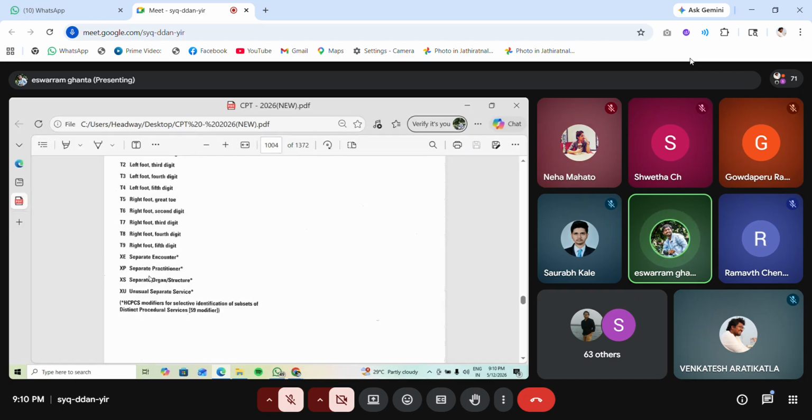Coming to the XS. XS is the separate organ. Okay, separate structure or separate organ, different organ structure. Some people, few people are having 6 fingers.